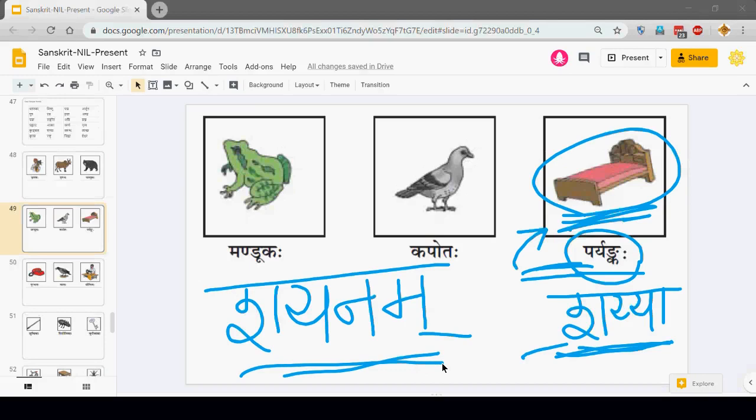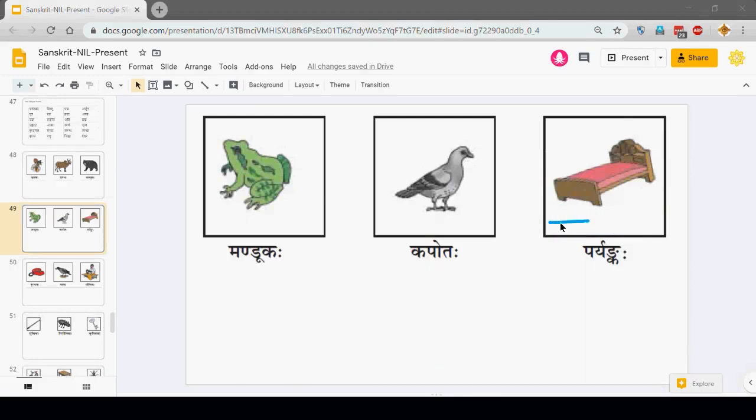This has to be very clearly understood in the Sanskrit language. Unlike in many other languages, where the words which refer to a non-living object are usually neuter gender, in a few languages the concept is the same as in Sanskrit.